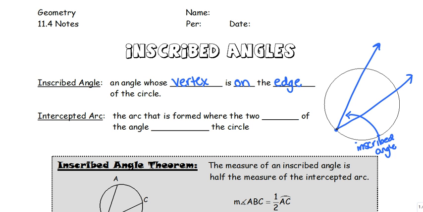The intercepted arc is the arc that is formed where the two rays of the angle intersect the circle. So here, this is going to be the intercepted arc.